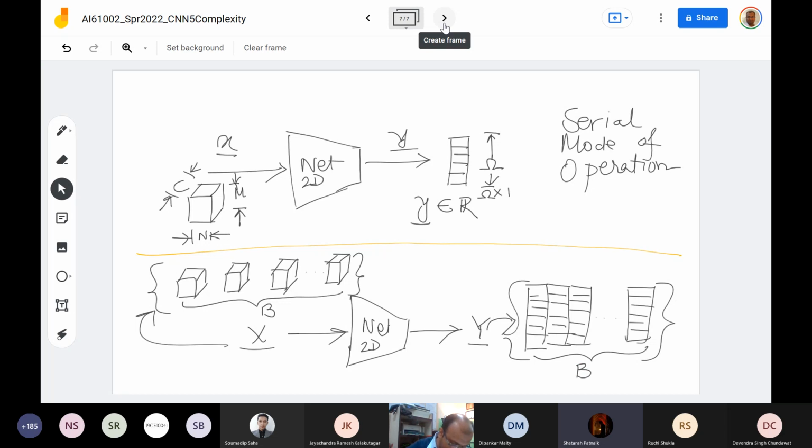So very well, I can say that this capital X belongs to R power of B cross C cross M cross N, and this capital Y belongs to R power of omega cross B. Oh, sorry, this should have been B cross omega.